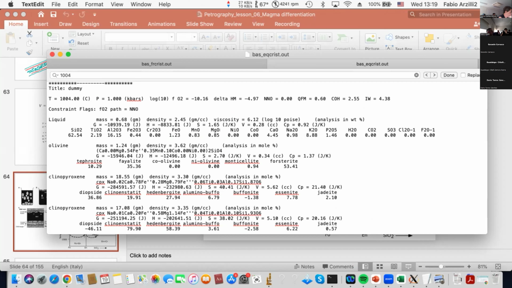When you go to alkali feldspar, it's a bit more tricky. Leucite is difficult. It depends which phases. Biotite, usually the hydrous phases, there are not so many experiments on biotite and amphibole. So therefore, it can give you an estimation, but then I would not bet that it is right.